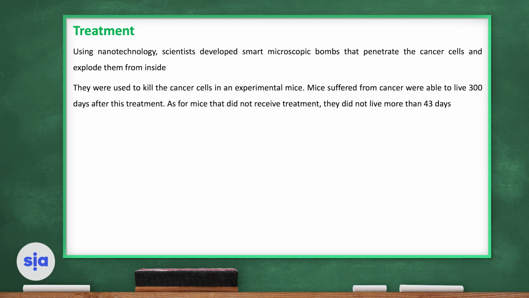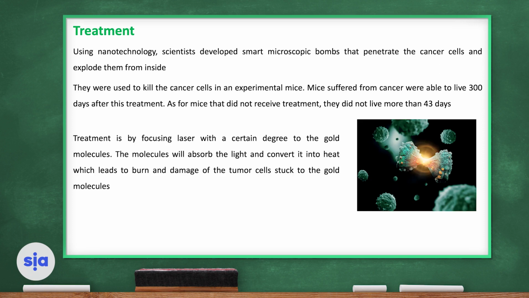As for the mice that didn't receive the treatment, they didn't live more than 43 days. The treatment is by focusing a laser with a certain degree on gold molecules. And these molecules will absorb the light and convert it into heat, which will burn the tumor cells stuck to the gold molecules.